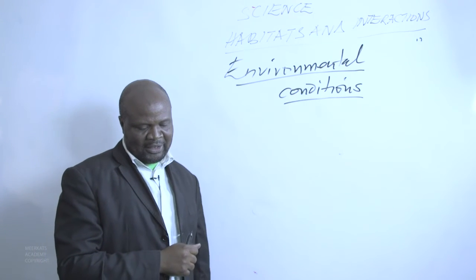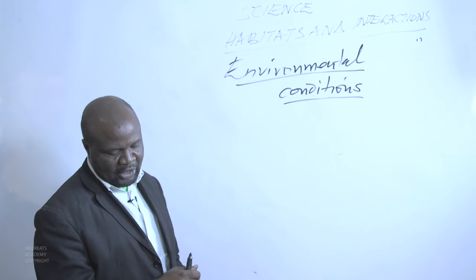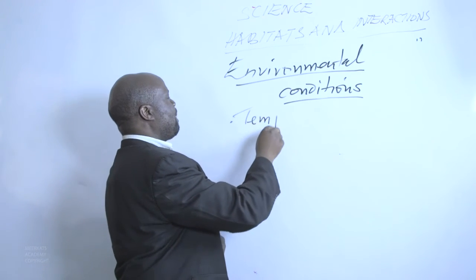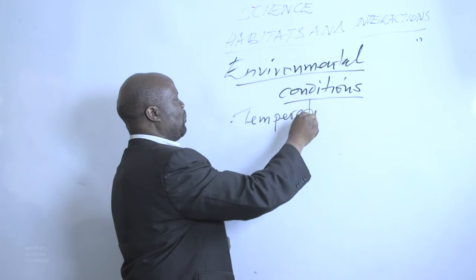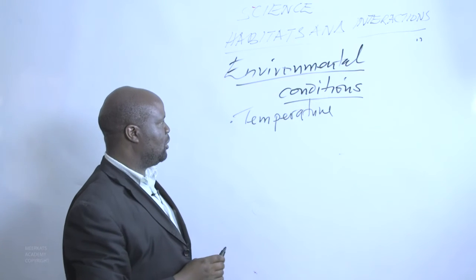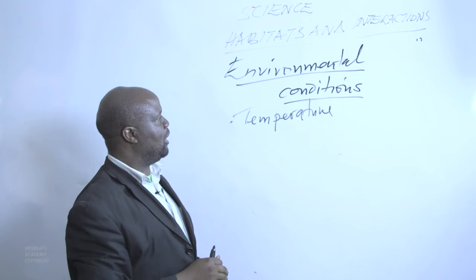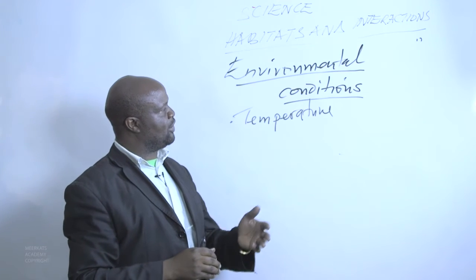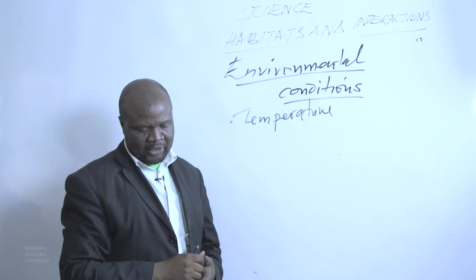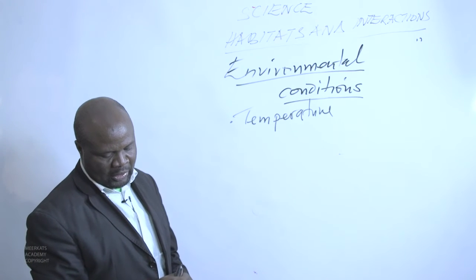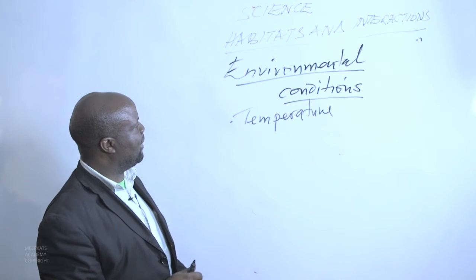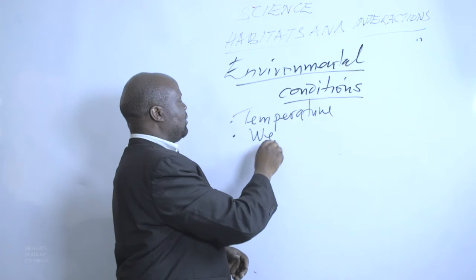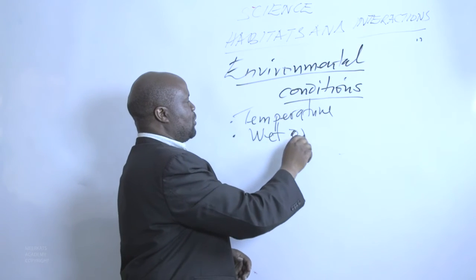These environmental conditions include, 1, temperature. Temperature can vary from being very hot, dry, and so forth. And 2, what can also affect the environment is whether it is wet or dry.